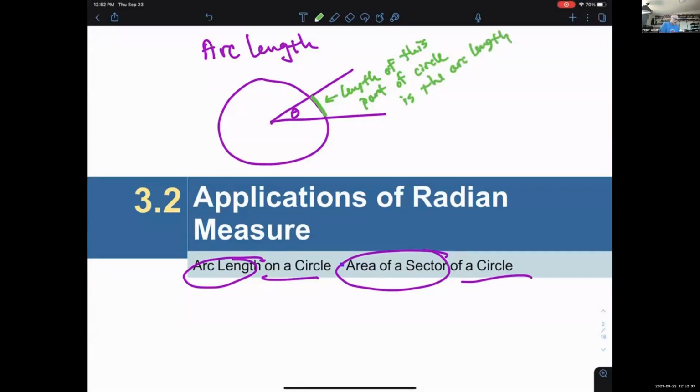The way I was defining theta in terms of radian measurement was what length of arc on a unit circle you would get with that angle.